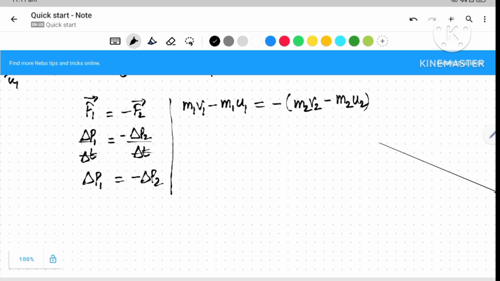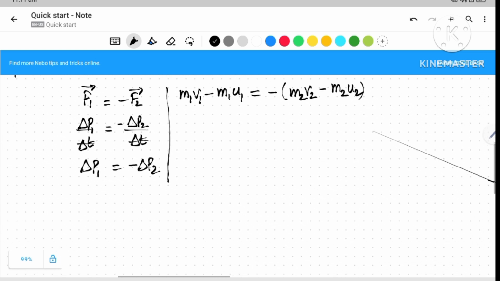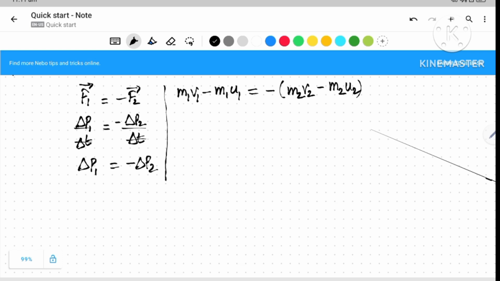Now arranging the terms based upon their masses, I want to consider the momentum of the first body on one side and the momentum of the second body on the other side. I am writing this as m1 v1 minus m1 u1 is equal to minus m2 v2 plus m2 u2.